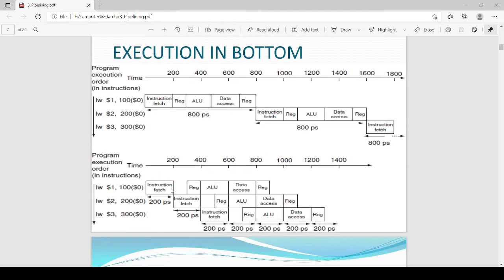In the case of pipelining, for load word, first the instruction is fetched, then it is decoded. While decoding the first instruction, the second instruction is fetched. In the third cycle, the first instruction is executed, the second instruction is decoded, and the third instruction is fetched. So in one clock cycle, 3 instructions are executed.